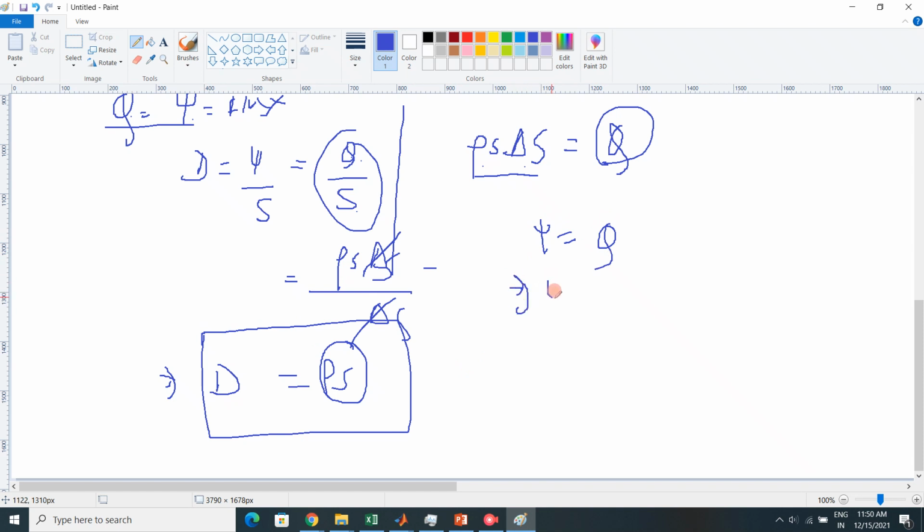Same thing, because if flux is equal to charge, then flux per area equals charge per area. Okay, this is obviously understood.